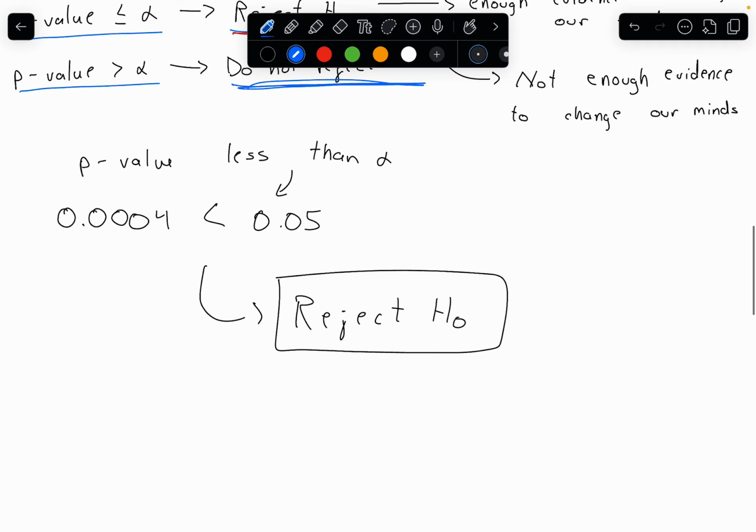So if I was going to talk about what this decision means within the context of the problem, I would say something like, there is enough evidence, because there was enough evidence to change our minds. So there is enough evidence to support that.